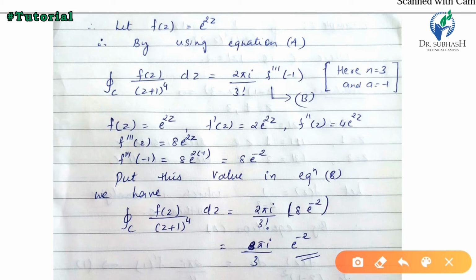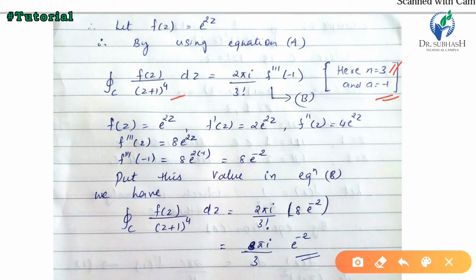Here the denominator power 4 can be written as 3 plus 1. So here we have n equal to 3 and the point which is inside the curve is minus 1. So here a will be equal to minus 1. According to the extended Cauchy integral formula A, we have 2 pi i upon n factorial.